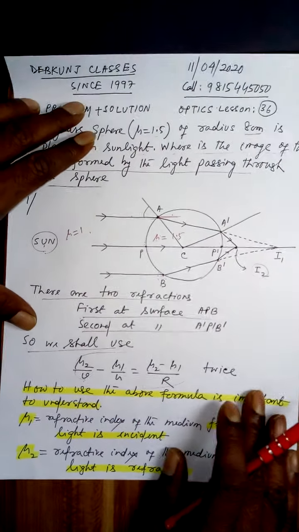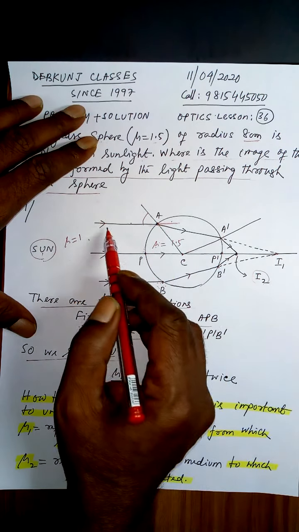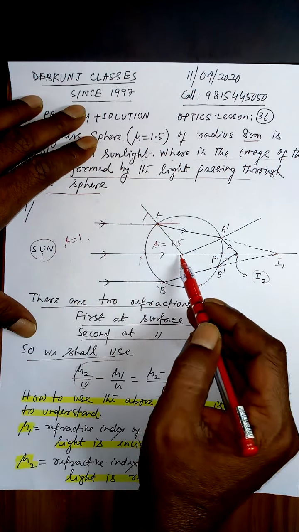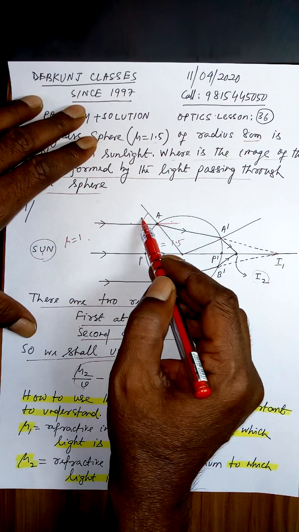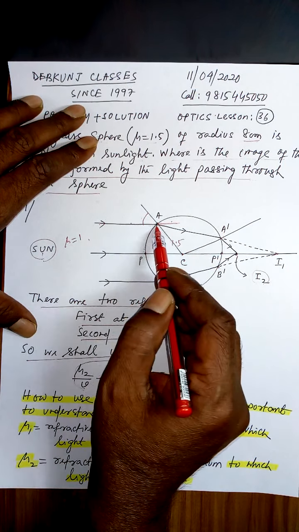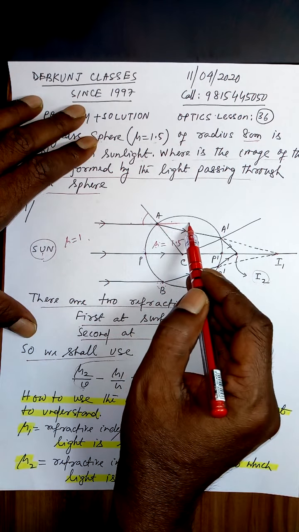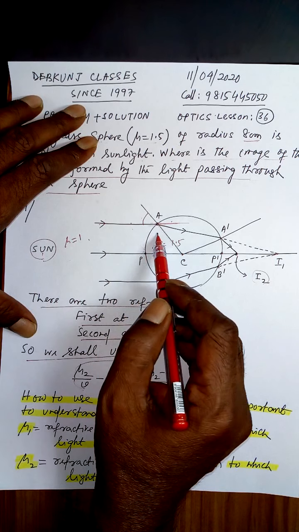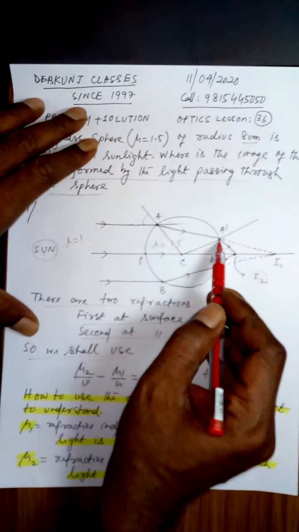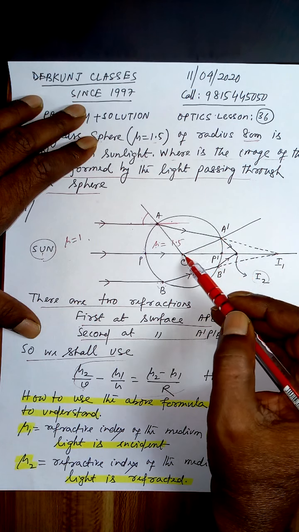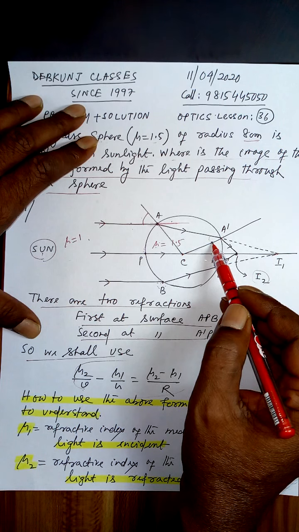Now let us analyze for the surface APB. This is the incident ray, this is the normal, so this is the angle of incidence. So this ray, in the absence of the glass sphere, was supposed to travel like this. Going from rarer to denser, it bends towards the normal from the original direction, so it arrives here. Again here, CA dash is the normal, so this is the angle of incidence within the denser medium.